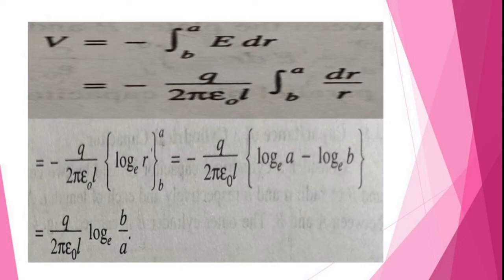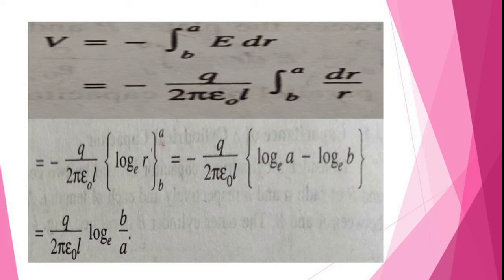Again, we can take that we are moving in the direction of decreasing R, so that dl is equal to minus dr. So, E dot dl will be E dr itself, and you can substitute again for V. Then you know the expression of E and integrate it within the limits B to A. So you will get the expression as Q by 2 pi epsilon 0 L log B by A. Now that is the expression for V, isn't it? Potential difference between the cylinders A and B.